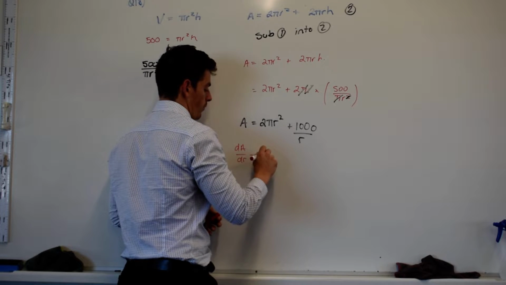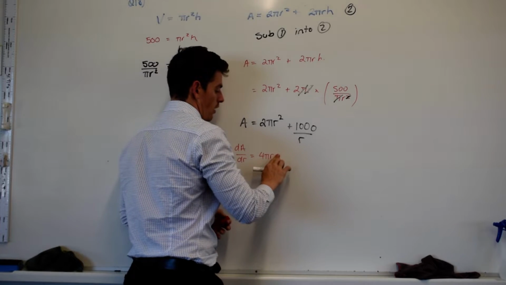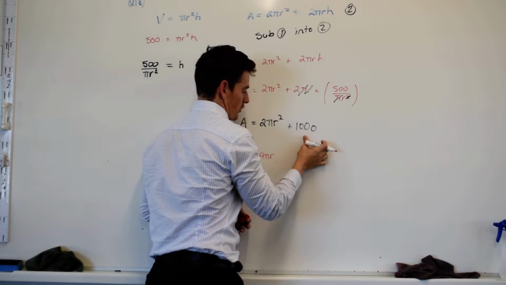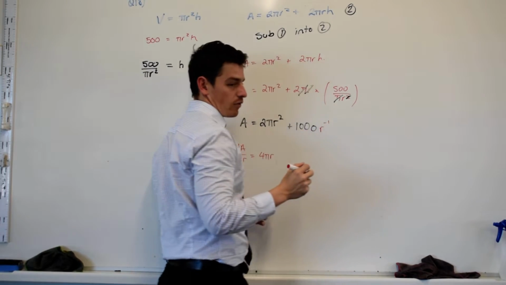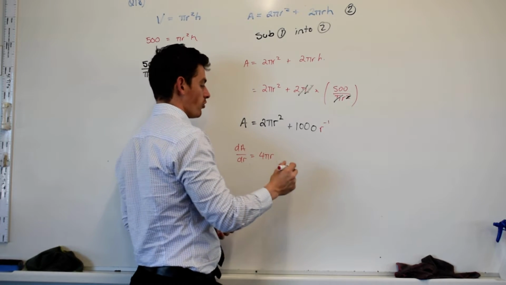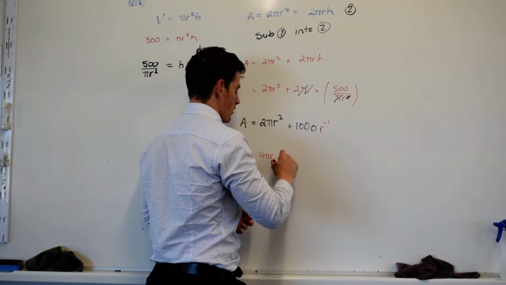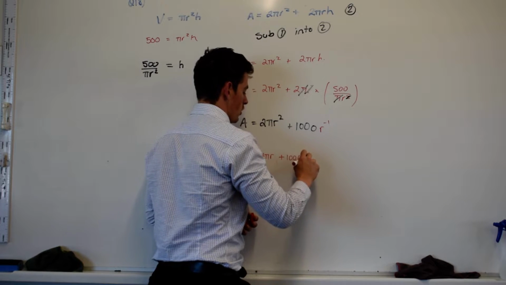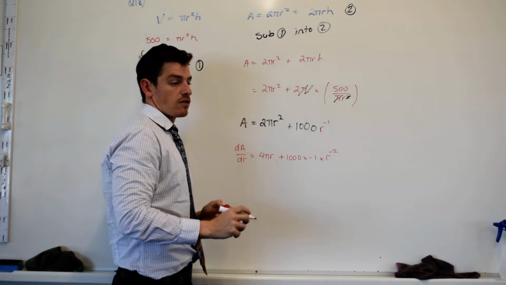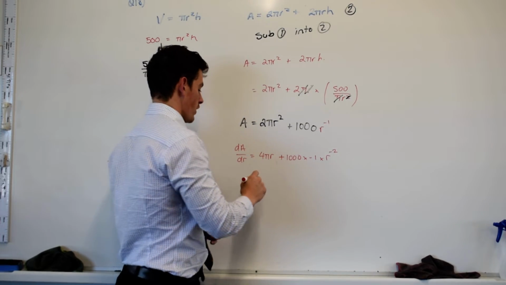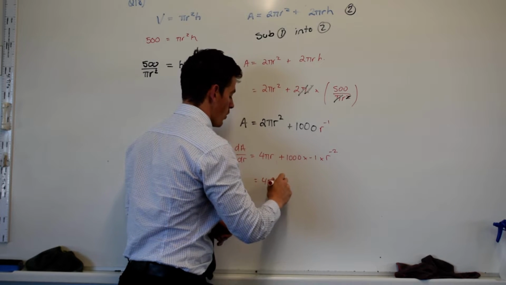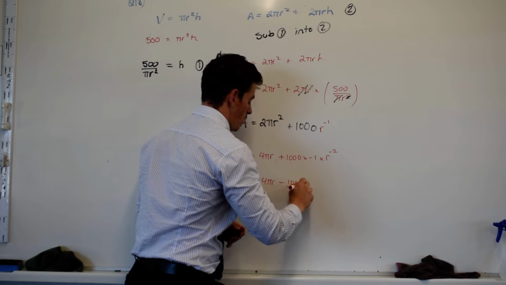And that equals 4 pi r minus, do I have to do this slowly or not? Yes. Okay, that's a good point. I should do it slowly. That's r to the negative 1, isn't it? Yep, so if I derive that, I multiply the power down, so it should be plus 1000 times negative 1 times r to the negative 2, which I can write as 4 pi r minus 1000 over r squared.